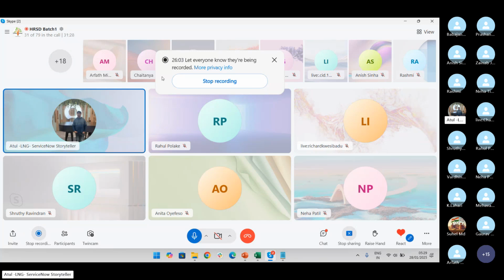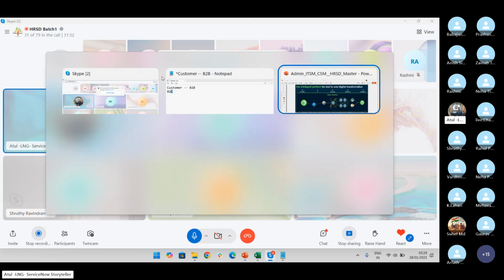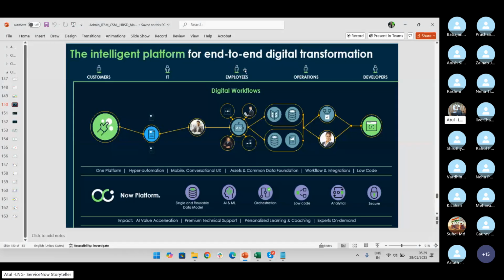And to manage this process, ServiceNow gives a new workflow called the employee workflow. And here our topic of the training, HRSD, comes on this particular workflow. Then operations. IT operations.